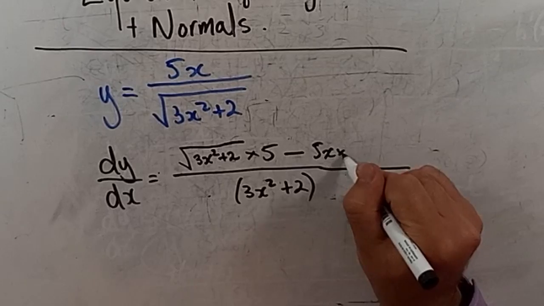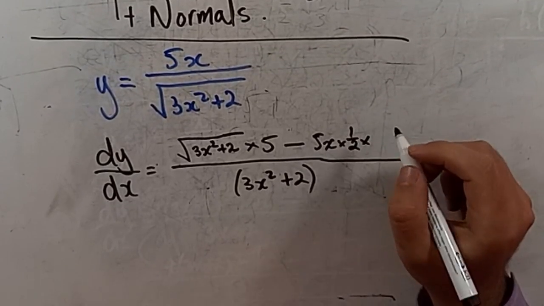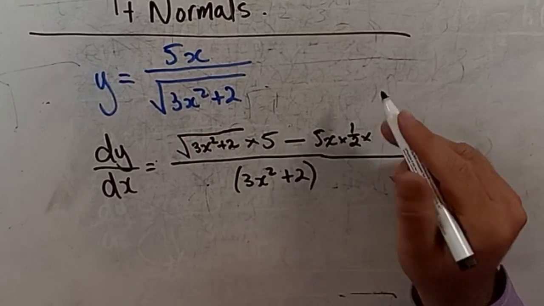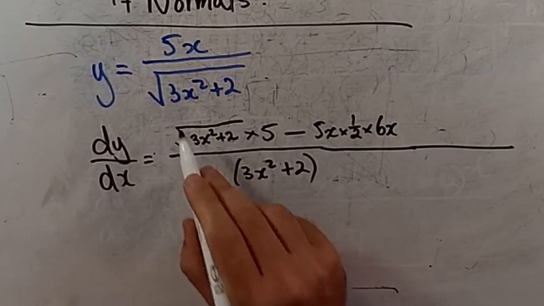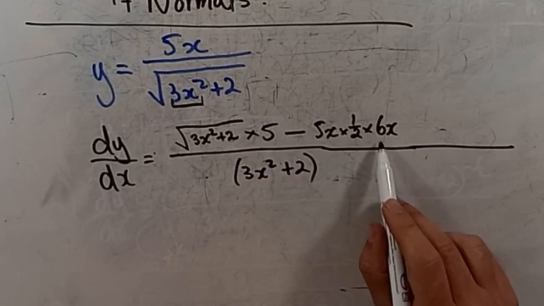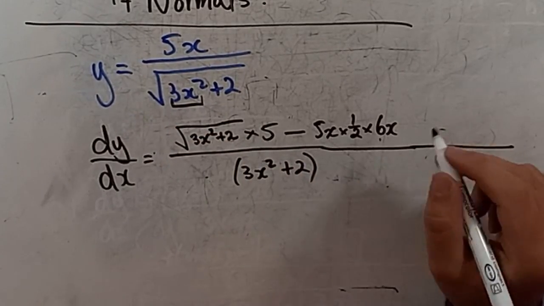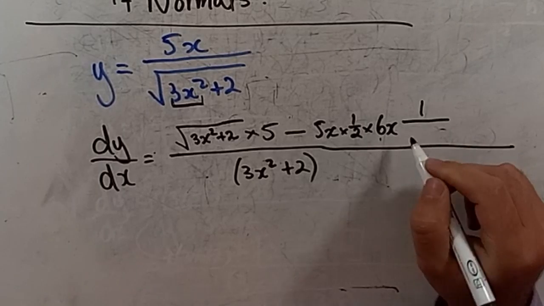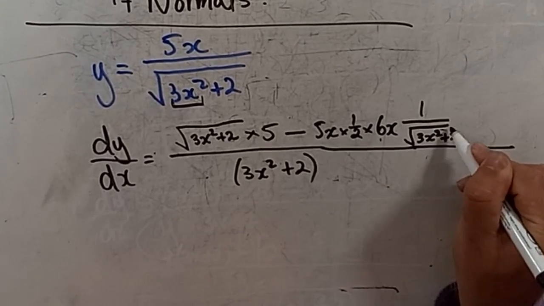So this is going to be 1/2 times the derivative of the inside, so I'll make that 6x. That's the derivative of the 3x squared, the 6x. The half is from the square root coming down, and then I get 1 over the square root of 3x squared plus 2.